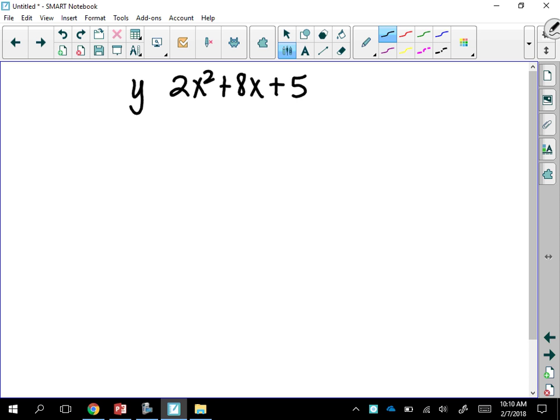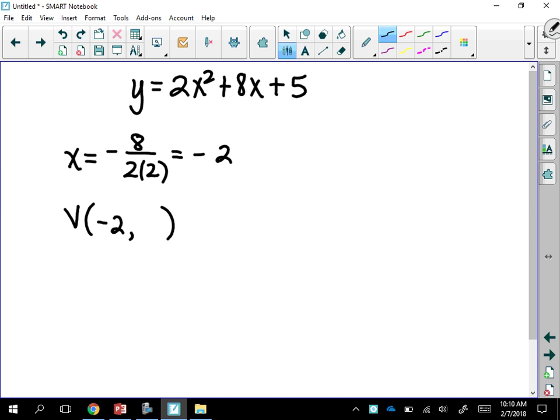into vertex form. Okay, so from standard form to vertex form. We'll start by finding the axis of symmetry, which ends up being what? -2. And then our vertex has an x-coordinate of -2. We'll plug that in to find the y-coordinate. And what do you get when you find the y-coordinate? -3.